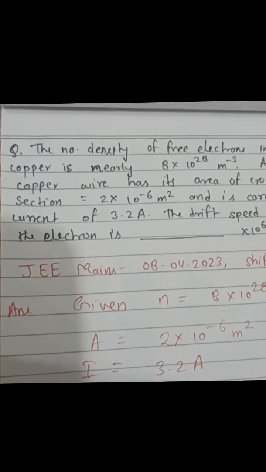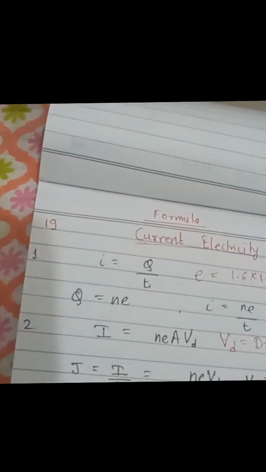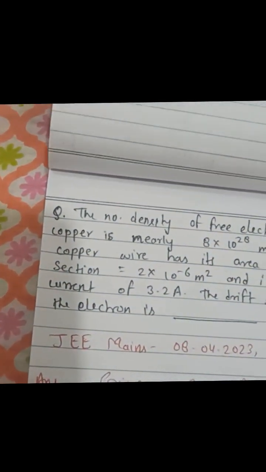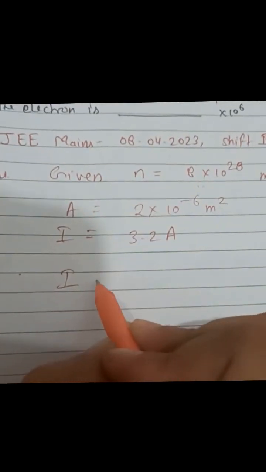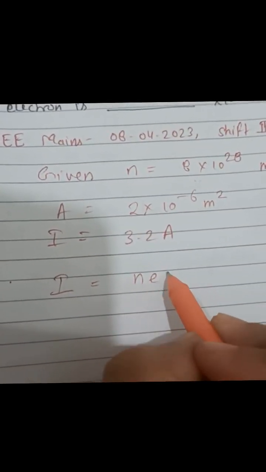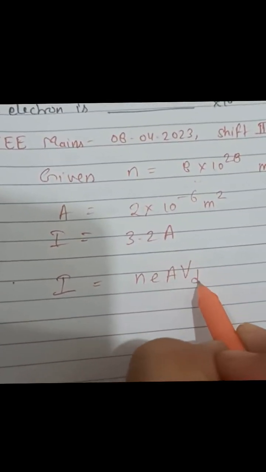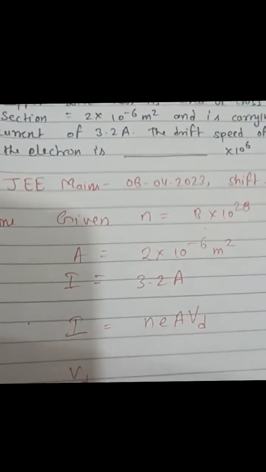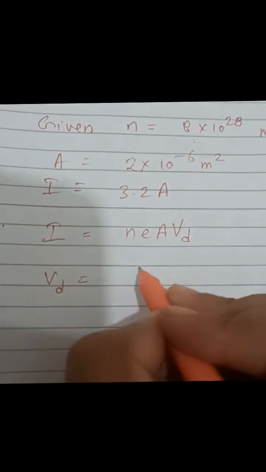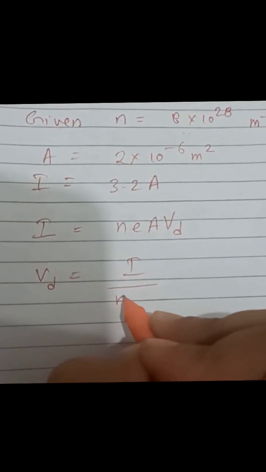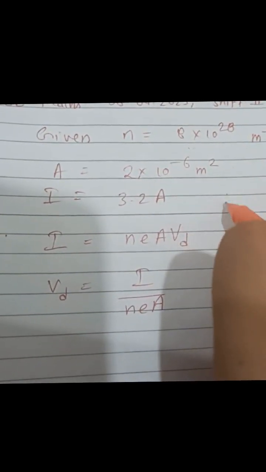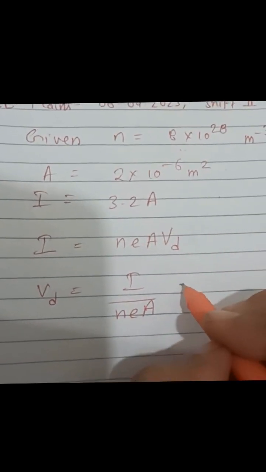So what is the relationship? Here we write the relationship I equal to NeAVd, and we have to find the drift speed. So Vd is equal to I upon NeA. Put all the values into this formula.